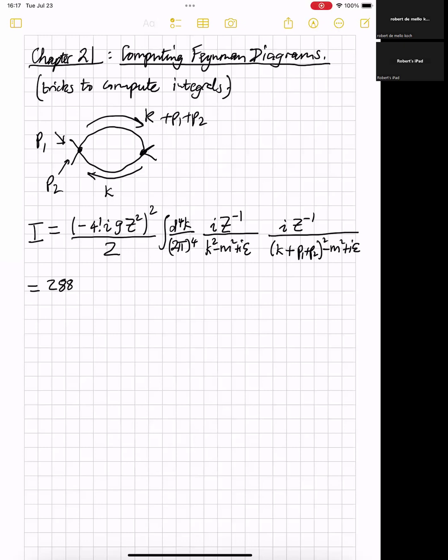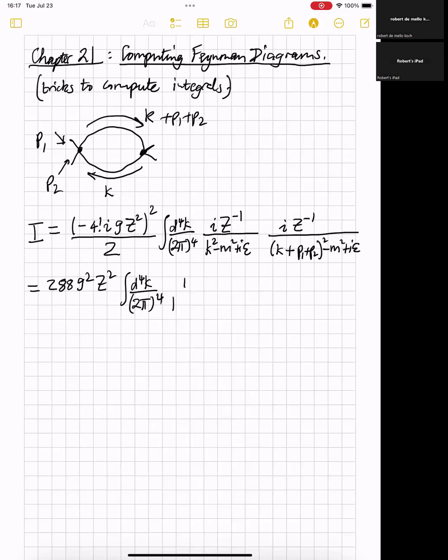We will have a g squared. And now how about the z's? Well, we've got a z to the 4 up front times a z inverse times a z inverse. So in total, we'll be left with a z squared. Then we've got an integral d4k over 2 pi to the 4.